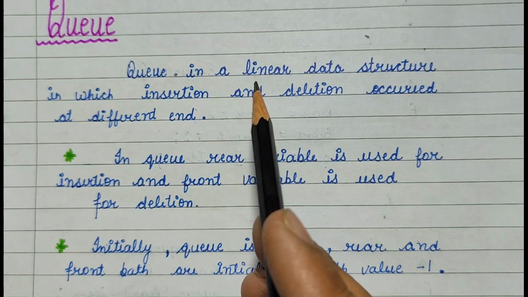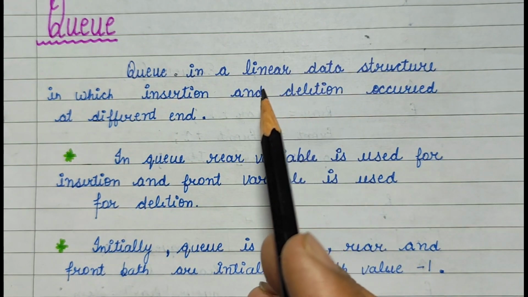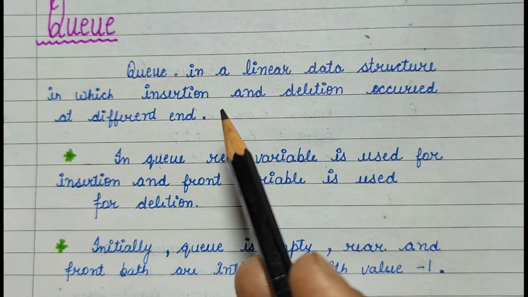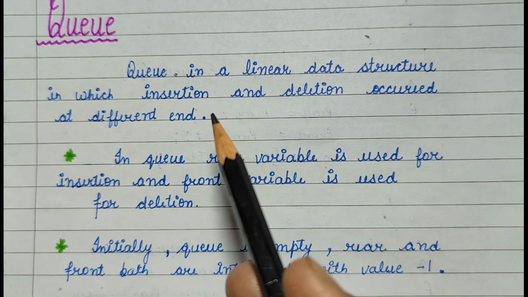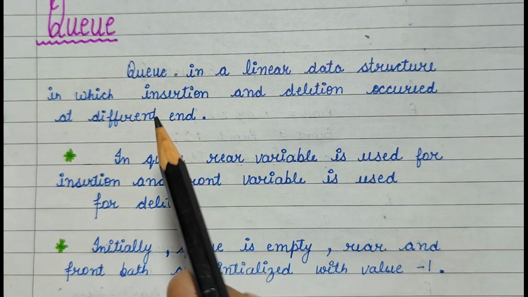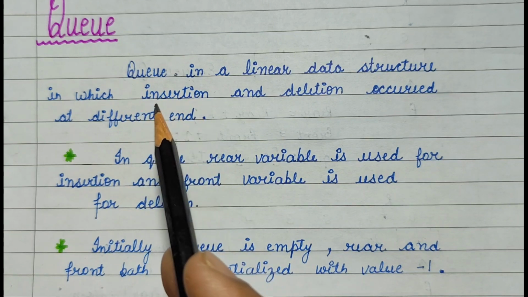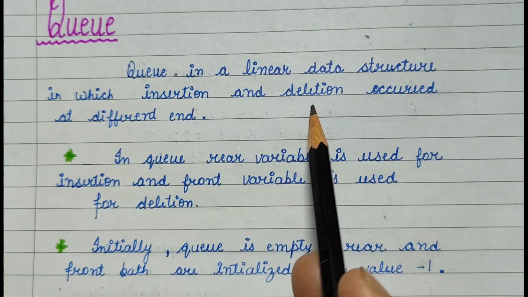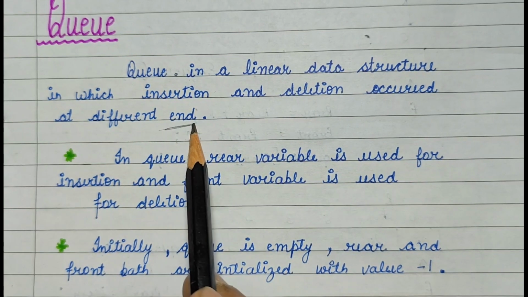Queue is a linear data structure. Linear means if you know the starting address of the element, then you can visit all elements of the queue. In this data structure, insertion and deletion occur at different ends.